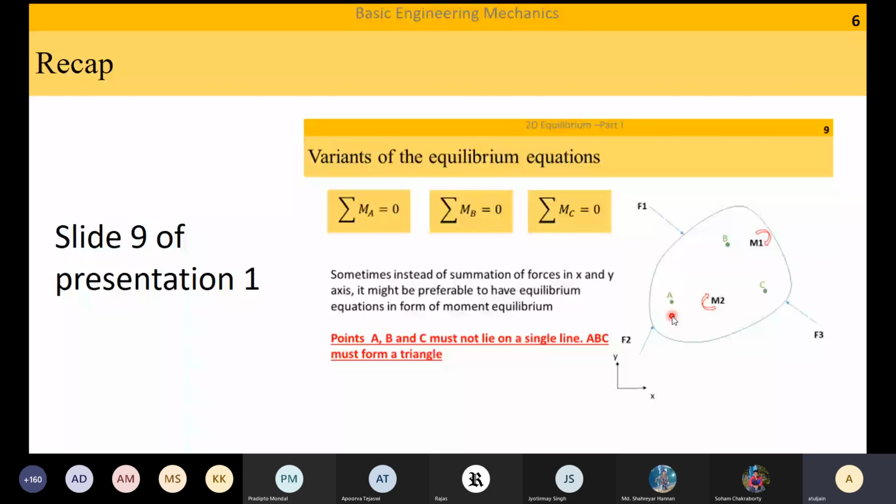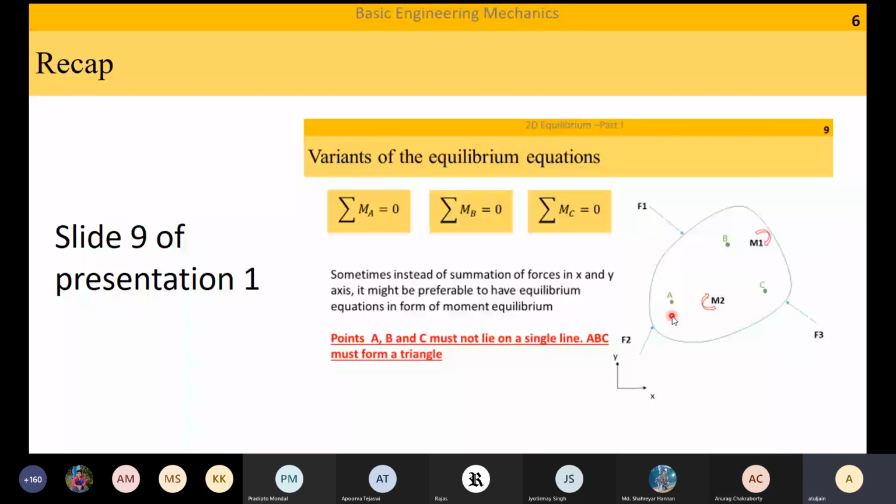The first set could be summation Fx is 0, Fy is 0, moment about a point is 0. Sir, the other set, if AB is parallel to the y-axis and we consider Fx equal to 0, the equations of MA and MB would be the same, and we would not get the 3 equations. Exactly, that's what we are trying to say.